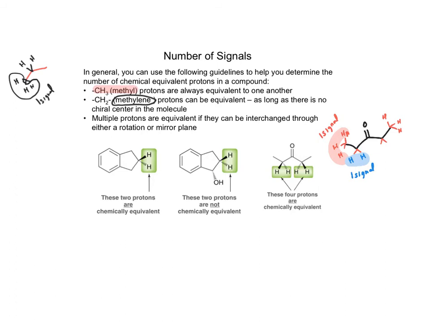If I took this molecule and I rotated 180 degrees, can I tell whether or not I'd exchange these two? No, right? So because of that, because both this set and this set can be exchanged as well as this set and this set, these methyl protons over here are chemically equivalent with these guys, and these methylene protons are chemically equivalent with these guys.